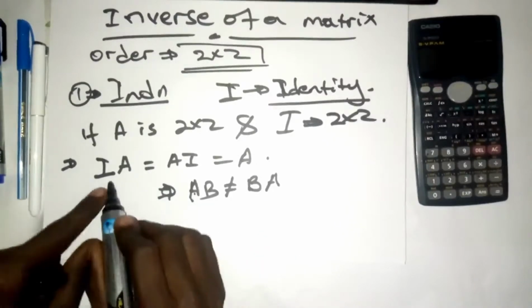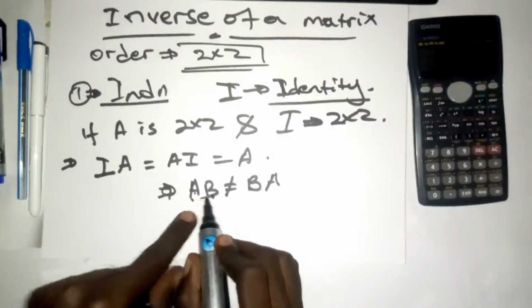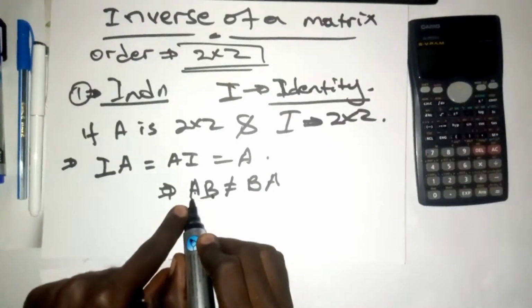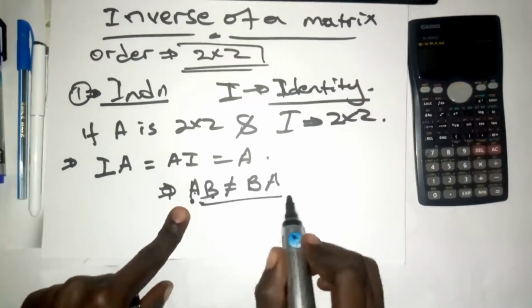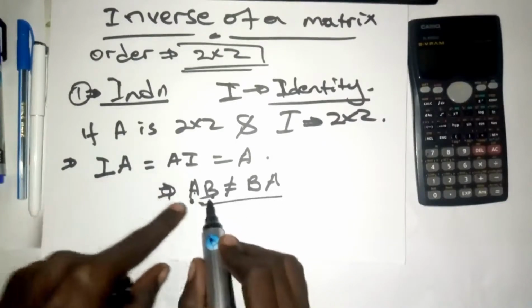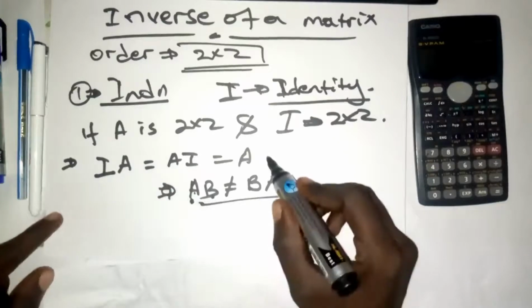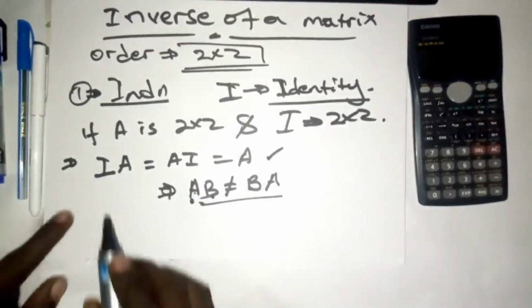So if this is not an identity matrix and this is also not an identity matrix, they cannot be the same.